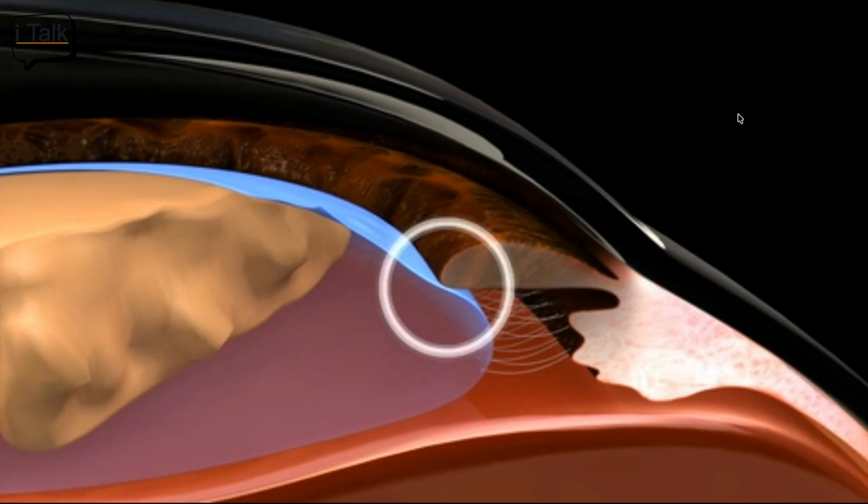Now, there's a physics behind it. If it is a pre-equatorial tear, the end of the tear acts as a fulcrum, and it becomes responsive to the fluidics in the anterior chamber, and it starts to flutter.